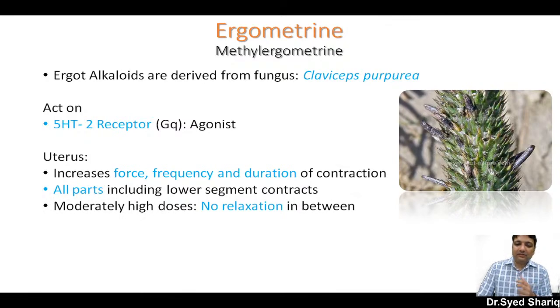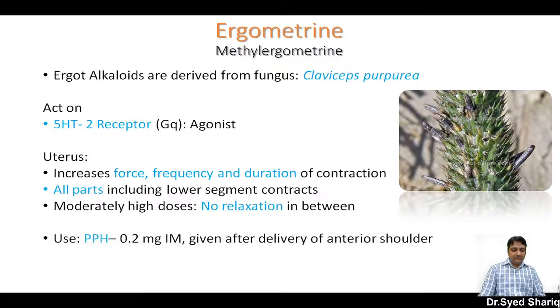In the lower doses, there might be some in-between relaxation, but in moderately high doses, the relaxation is not there. So this makes it a good drug for some patients of postpartum hemorrhage, and in those patients it is usually given in a dose of 0.2 milligram IM, and it has to be given after the delivery of the anterior shoulder.